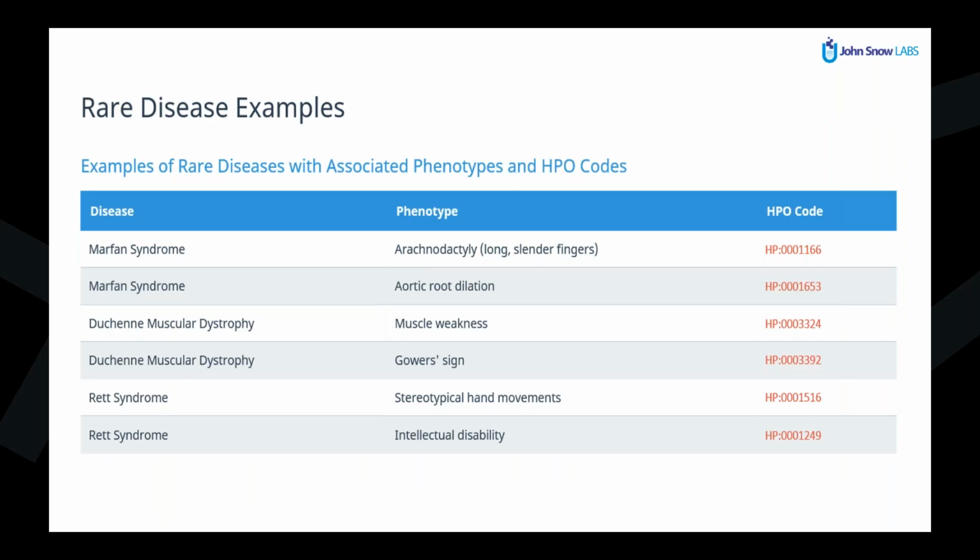What we do here is we start with the text, extract all the phenotypes, get the HPO codes, and do this accurately. And then we try to help the doctor make the diagnosis. We do not make the diagnosis. The doctor makes it. We support the doctor.